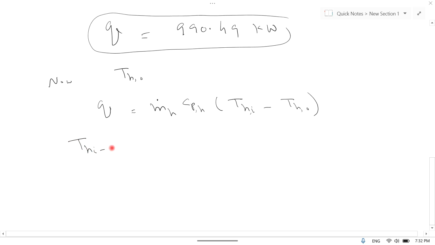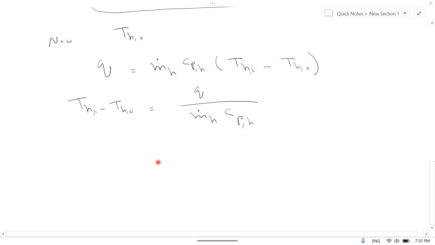T_h,i minus T_h,o is equal to Q divided by m dot h into c_p,h. Now we have to find T_h,o, so rearranging this equation, T_h,o is equal to T_h,i minus Q divided by m dot h into c_p,h.